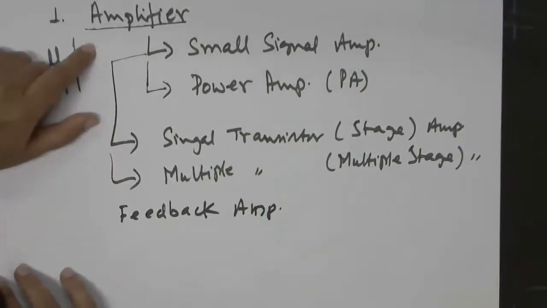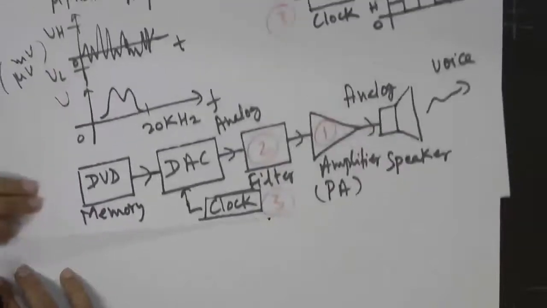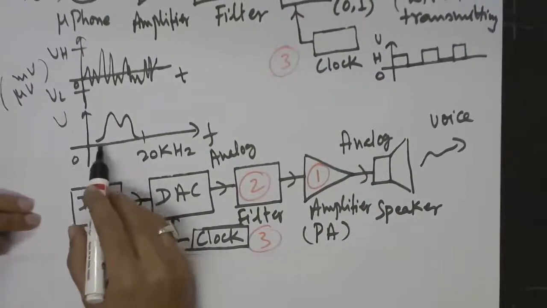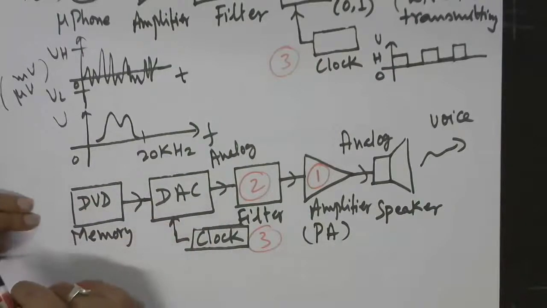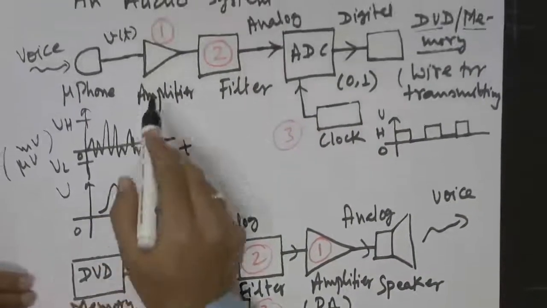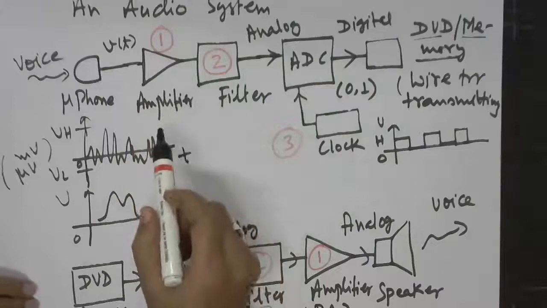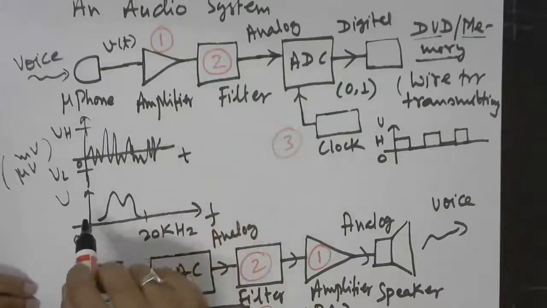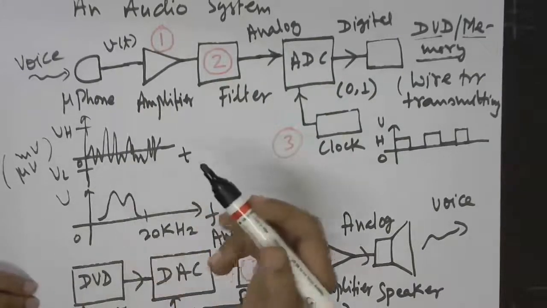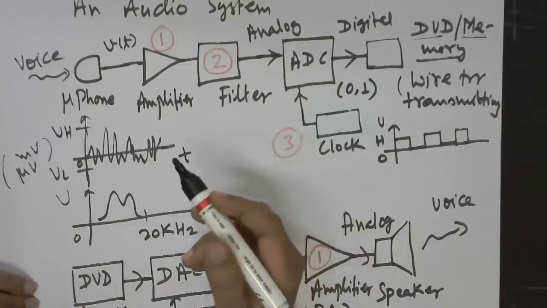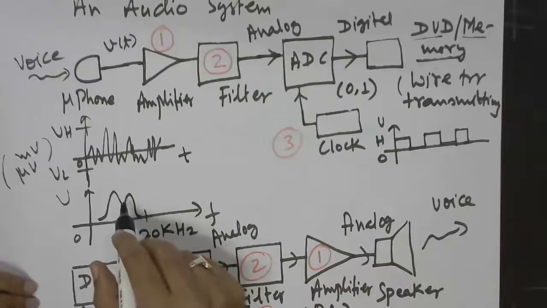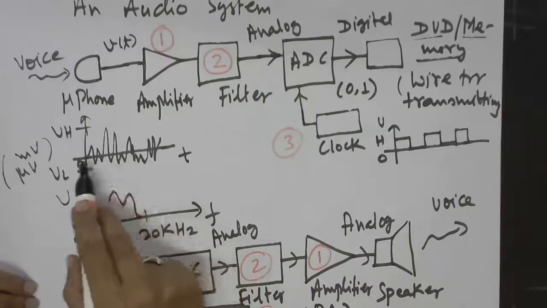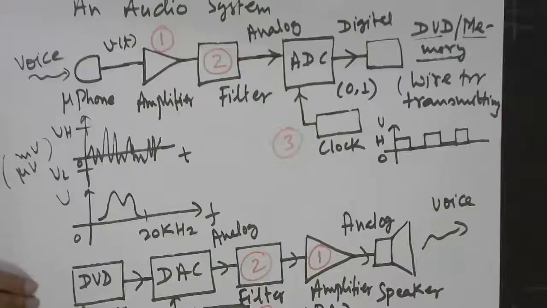And then, as I pointed out, this voice signal in frequency domain will have various frequency components. So what ultimately we want from this amplifier is that it should increase each of the frequency components by the same factor. Scaling up should be independent of the frequency of the signal present in this voice signal.